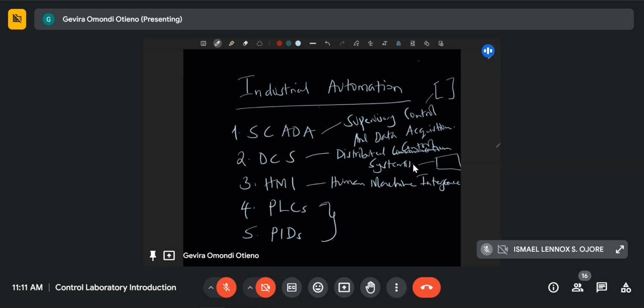It's very difficult to set up a laboratory for you to manage this. But please remember, SCADA systems consist of all these. SCADA systems contain HMIs, they contain PLCs, they contain PIDs. So a SCADA system is like a general way of controlling the entire industry that is automated.